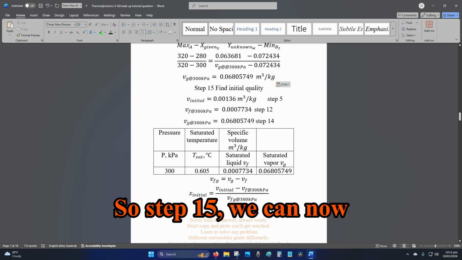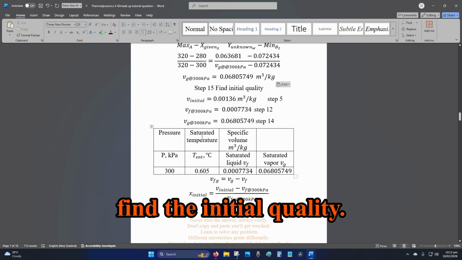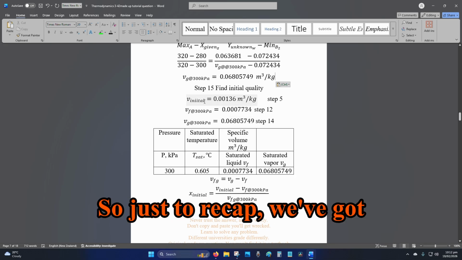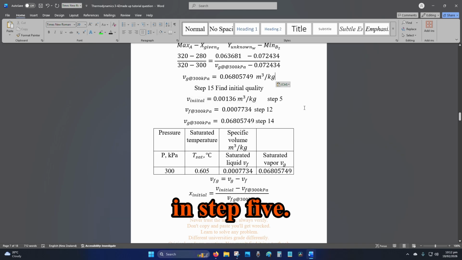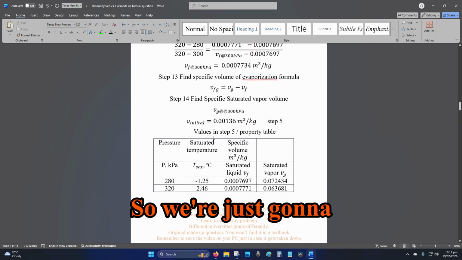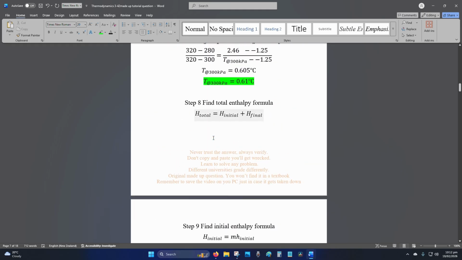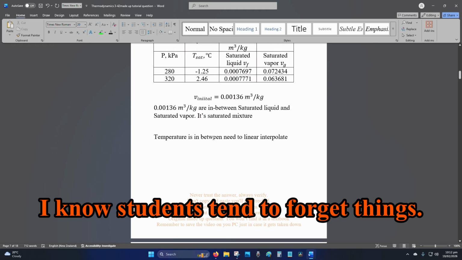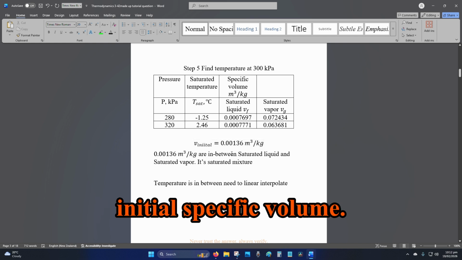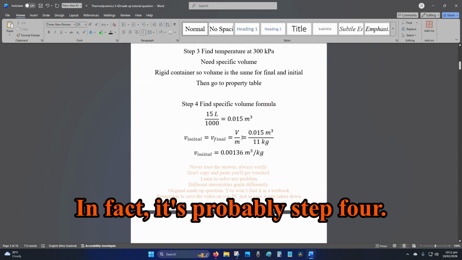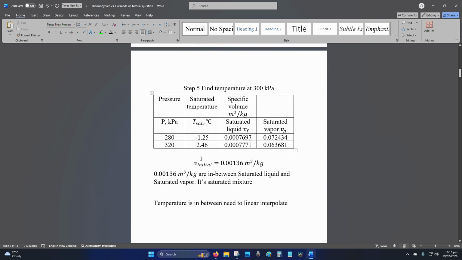So step 15, we can now find the initial quality. So just to recap, we've got our initial specific volume in step 5. So we're just going to backtrack just a little bit. I know students tend to forget things. So this is how we got our initial specific volume. In fact, it's probably step 4.